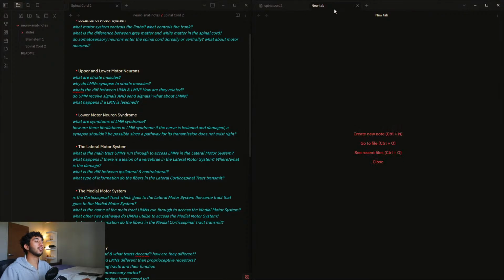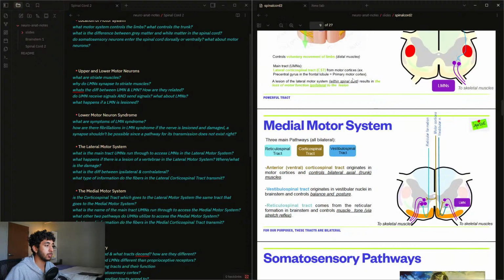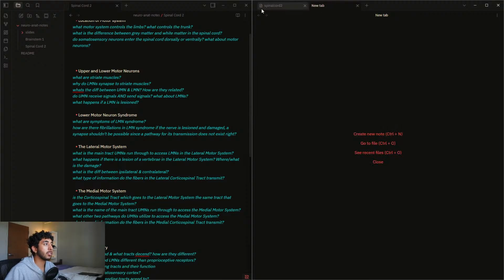So the vestibulospinal tract is involved in balance, the reticulospinal tract is involved in muscle tone, and the corticospinal tract is involved in voluntary movement. And obviously medial is for the trunk, lateral is for the limbs. Okay, I think that's enough of that.